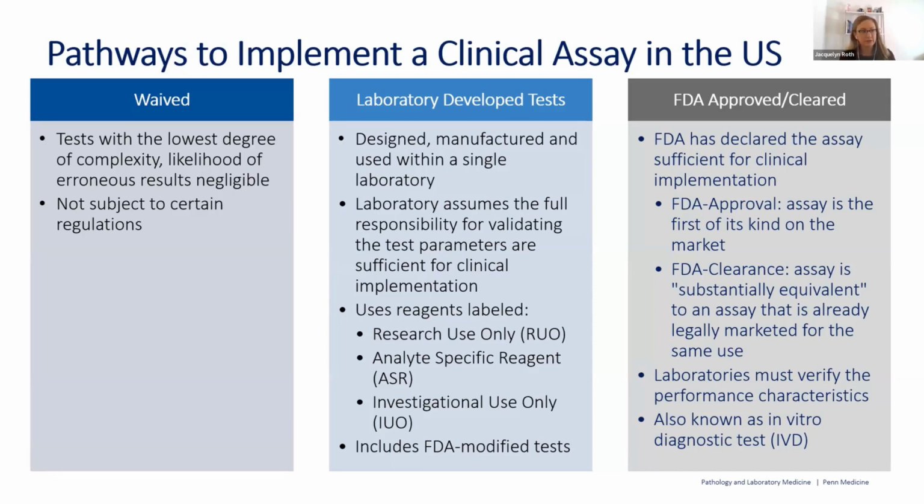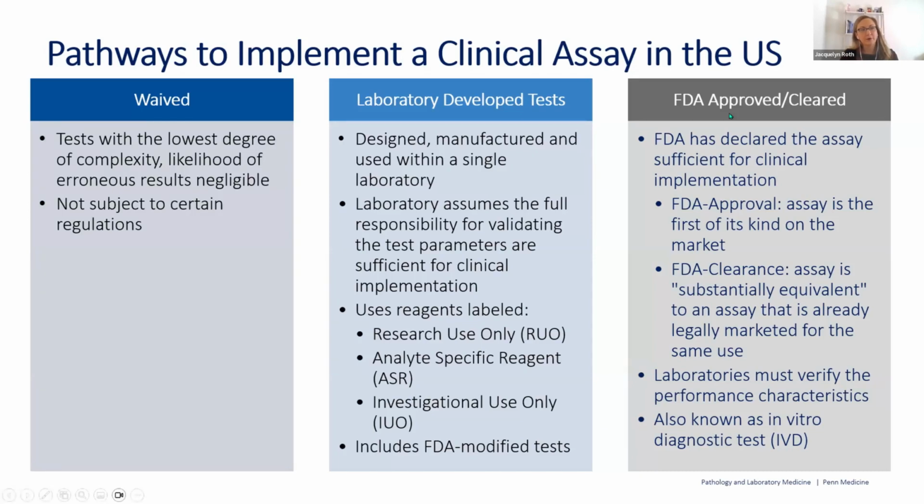If your test falls into something called the waived category, these are tests with the lowest level of complexity, and the likelihood of having an erroneous result, while it's possible, would be a negligible effect on your patient. Think about these tests as being perhaps point of care tests and tests that can be run by non-medical laboratory professionals, perhaps something that you have at your primary care physician's office.